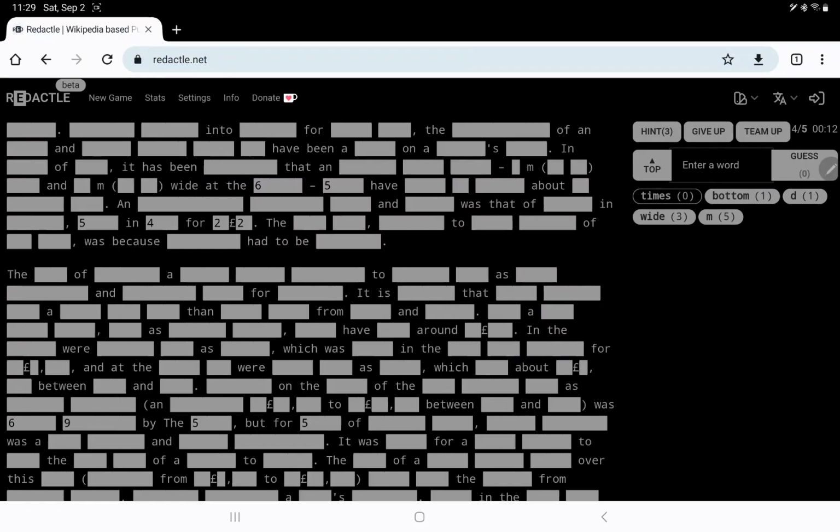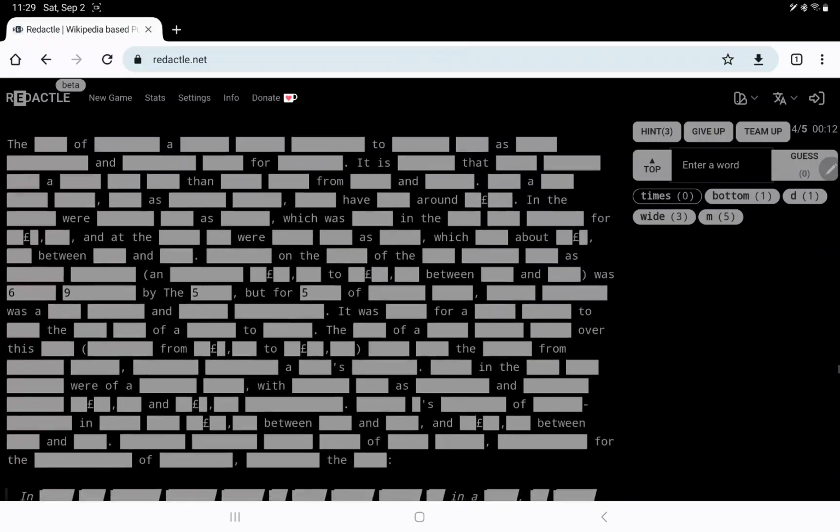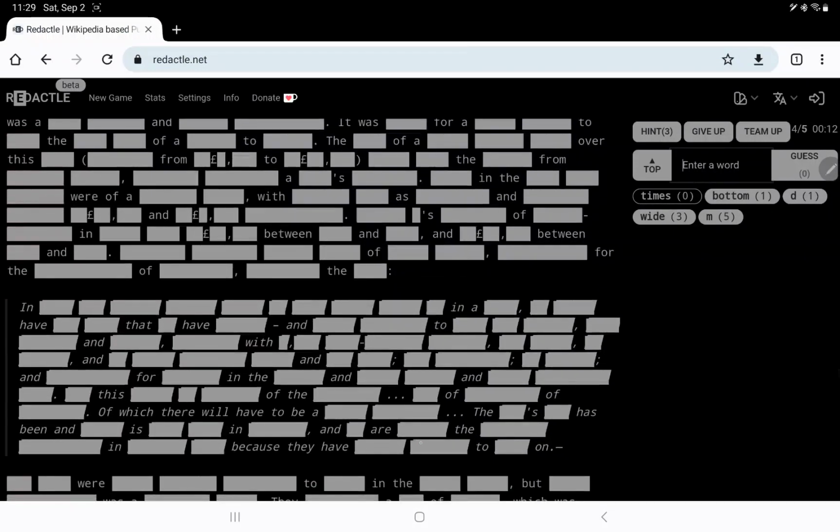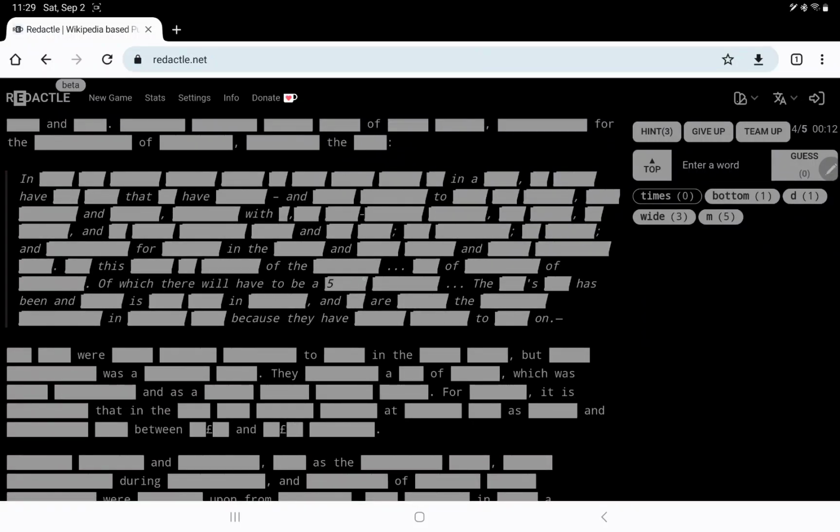Not the Times, okay. In something, blah, blah. The 3's 3 has been, and something is 4-4. It seems quite a, I don't know, 19th century writing.